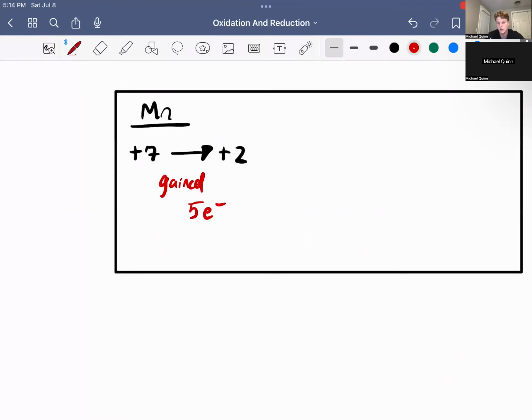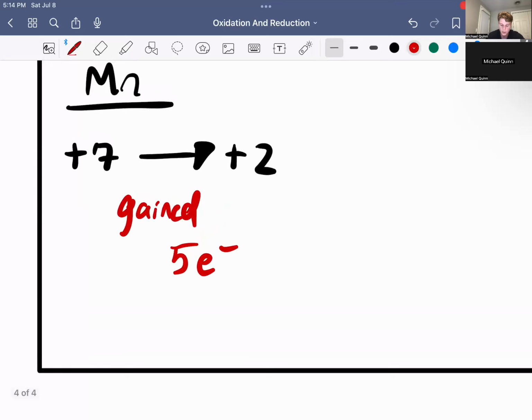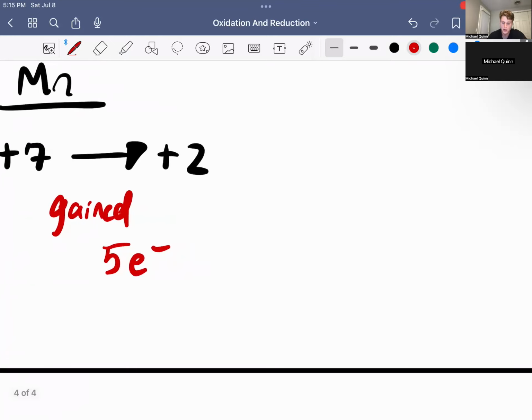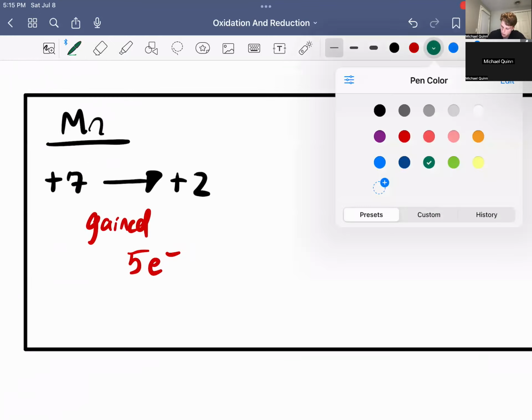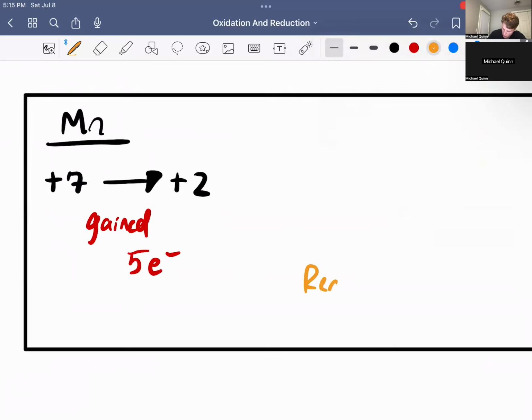Remember that electrons carry a -1 charge. So if you go from +7 to +2, you must have subtracted 5 or gained 5 negatively charged electrons. So Mn was reduced. It gained electrons.